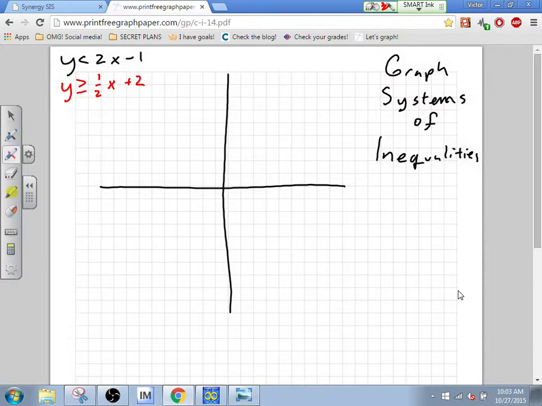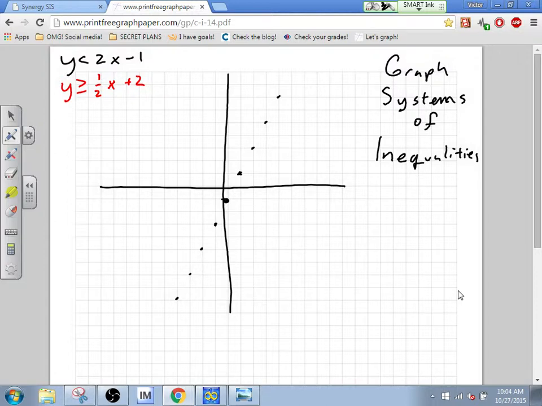Okay? So I'm going to graph both of these first. I'm going to start with my black line. I go down 1. Then I go up 2 over 1, up 2 over 1, up 2 over 1, up 2 over 1, and then back the other way. I look and I see that it's a less than symbol. That tells me that it's going to be solid or dashed.